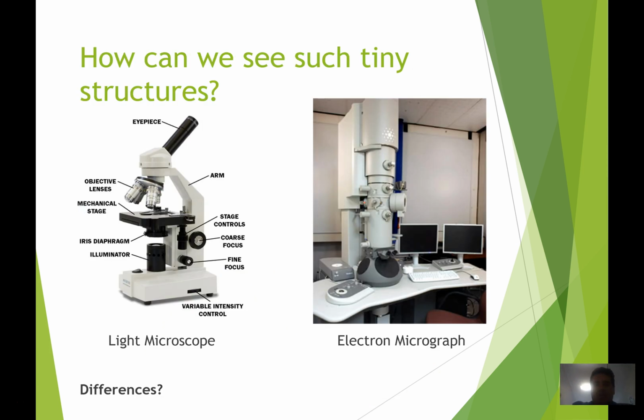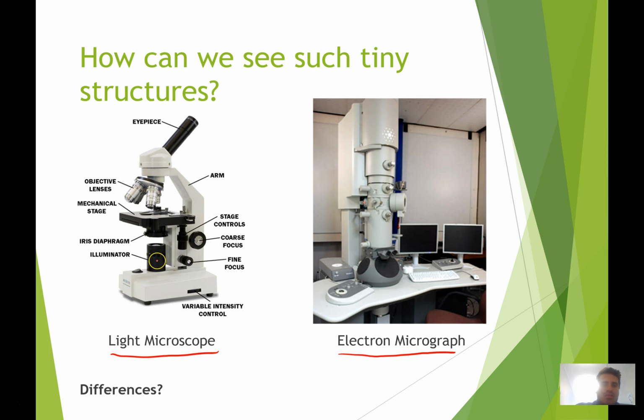So what is a light microscope and electron micrograph? Hopefully a light microscope looks pretty much the exact same as what you've been using quite a bit in class. But this is an electron micrograph, which most of you probably haven't seen. A light microscope is actually really simple.